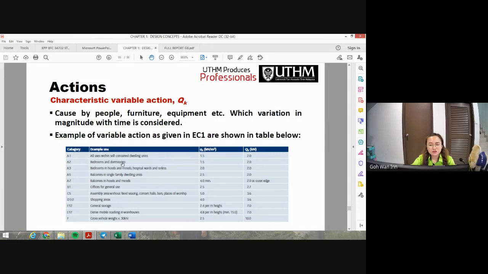A2 is for bedrooms. You can see this small qk is in kilonewtons per meter squared, and this Qk is in kilonewtons. It depends on the structure you use. Then balconies, single family dwellings, shopping areas and so on. You can see there are a lot.